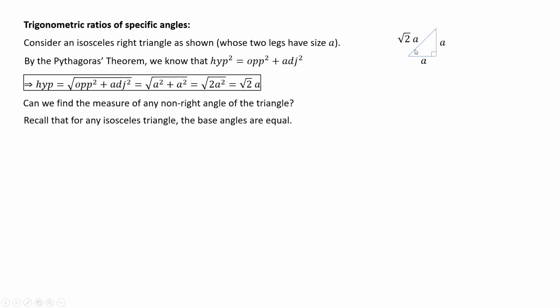So those base angles must be equal. Isn't that cool? Because this is an isosceles triangle with these two sides being equal, this angle and this angle must be the same. Let's say that is theta.